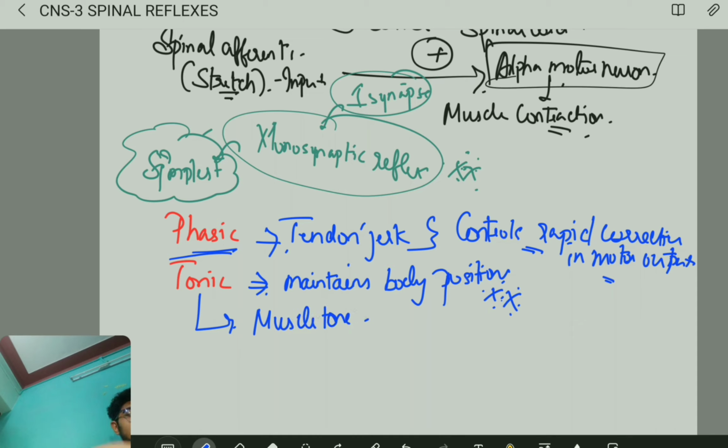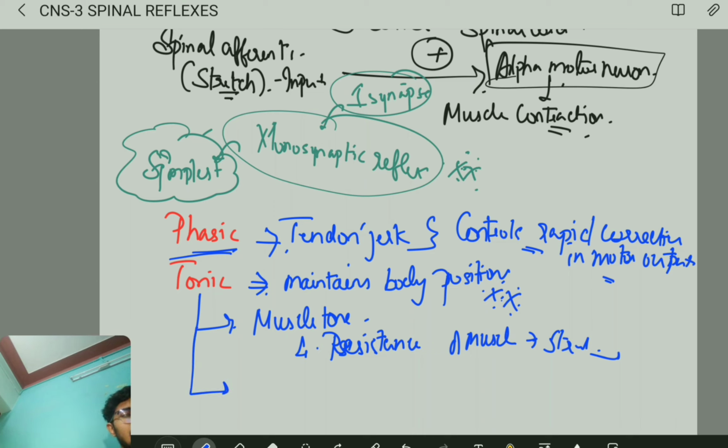Muscle tone means what? It is the resistance of muscle to stretch. Because of this reason, it helps in the regulation of posture. Very important point. Understand? So this is about the stretch reflex.